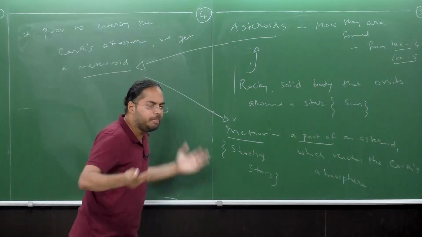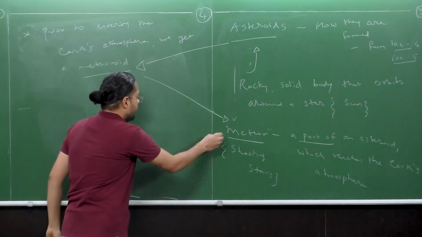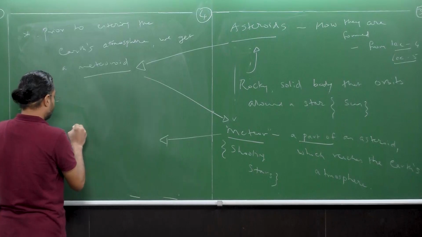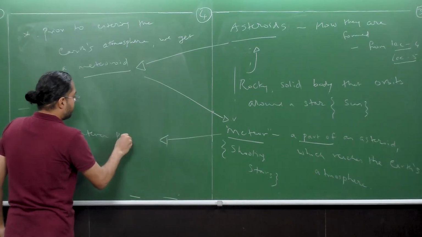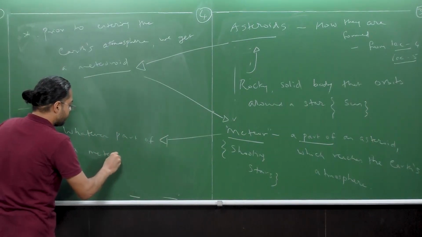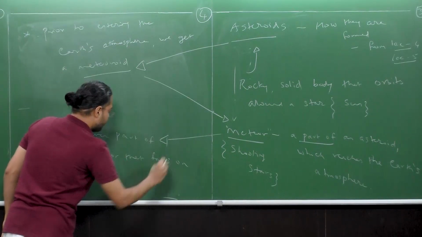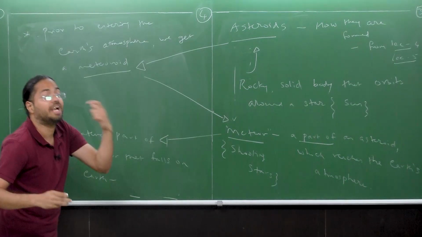And from a meteor, whatever part falls on the Earth is what is actually called a meteorite.